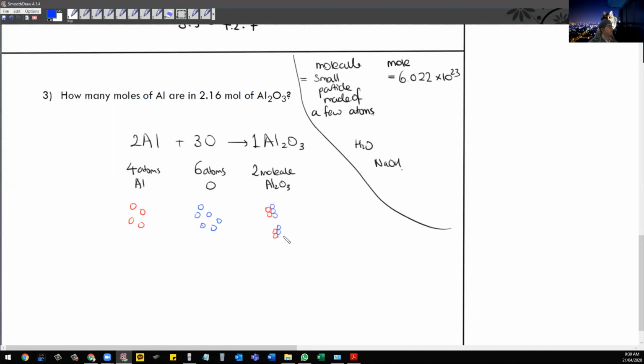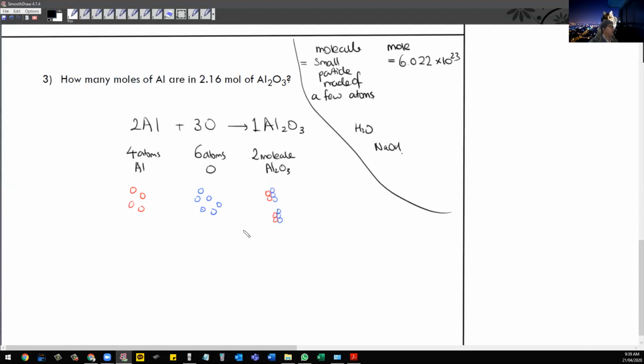But now I can extend the word to moles. So if I have 2 moles, well, that's a tremendously large number. You have hundreds and thousands of millions of billions of those, right? But because mole is a simple number, the ratio still applies.